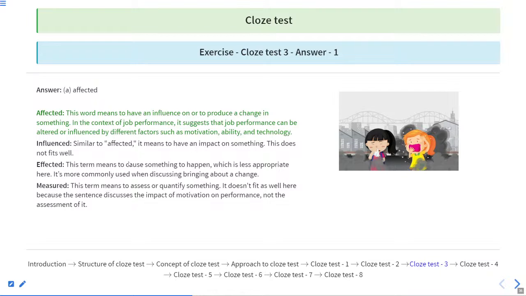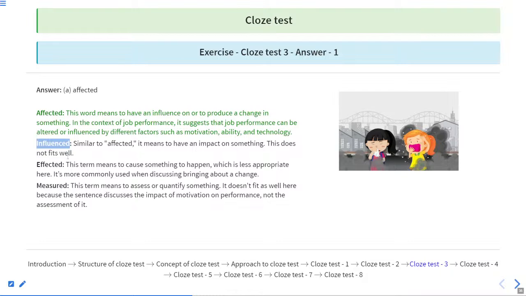The word affected means to have an influence or to produce a change in something. In the context of job performance, it suggests that job performance can be altered or influenced by different factors such as motivation, ability, and technology. It cannot be influenced because influence means similar to affected, it is quite similar, but it means to have an impact on something. It does not fit in well with these other sentences.